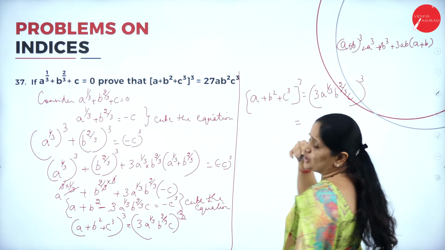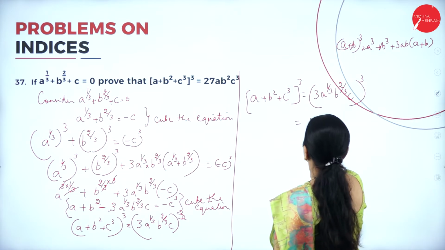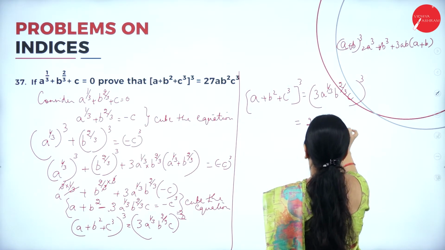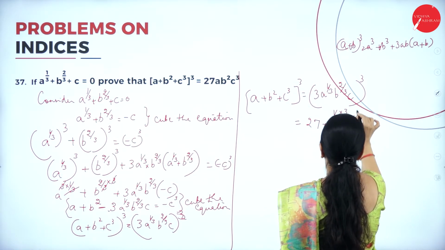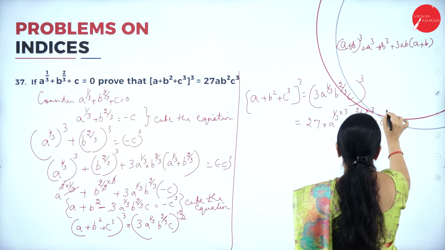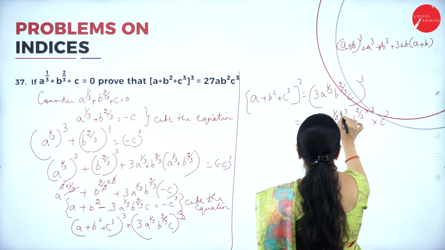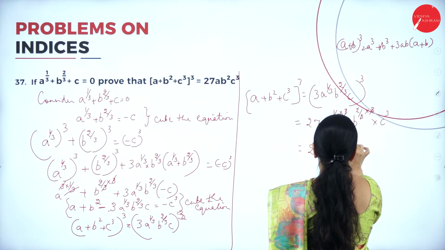So when I cube 3 into 3 is 9, 9 into 3 is 27 into a to the power of 1 by 3 into 3 into b to the power of 2 by 3 into 3 into c cube. So this will be equal to 27 into a b square c cube.